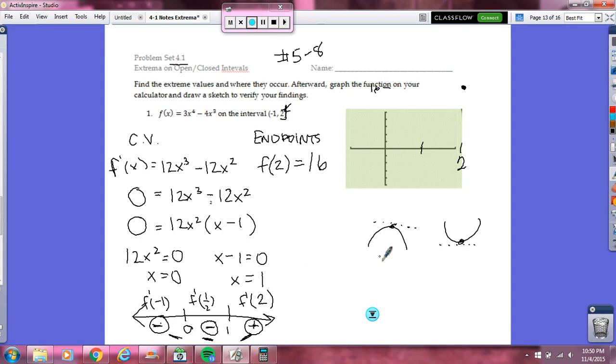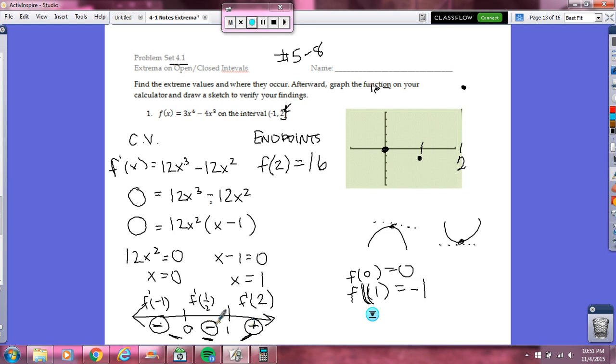Before I do, though, just to interpret this graph, the y value that goes with 0, if I plug into my original function, is 0. And I'm going to have a dot right there. The y value that goes with 1, if I plug a 1 into my original, I get -1. -1 is a minimum.